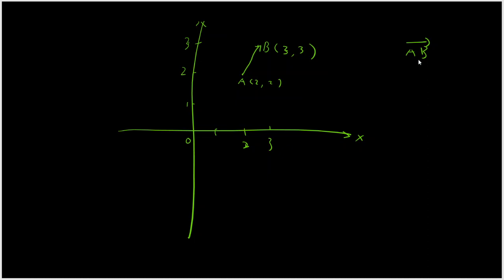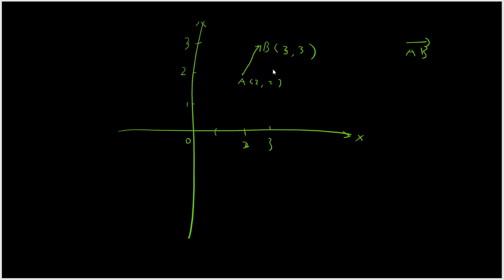We also mentioned what we mean by two vectors being equal. Let's recall, two vectors are equal if and only if they point in the same direction and they have the same length. Now we want to represent the vector AB.